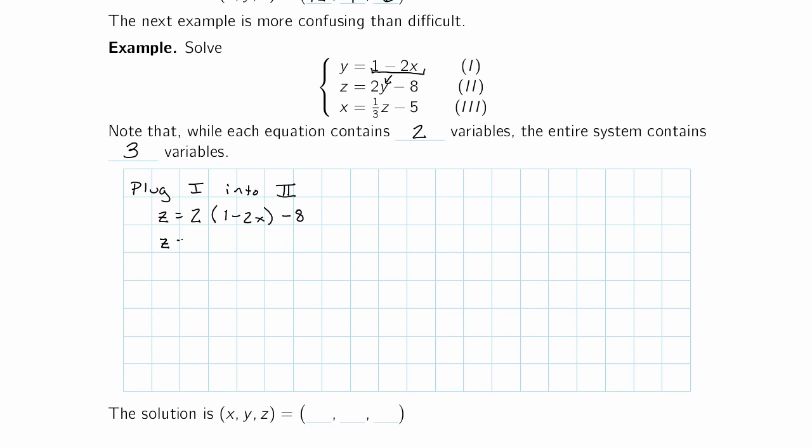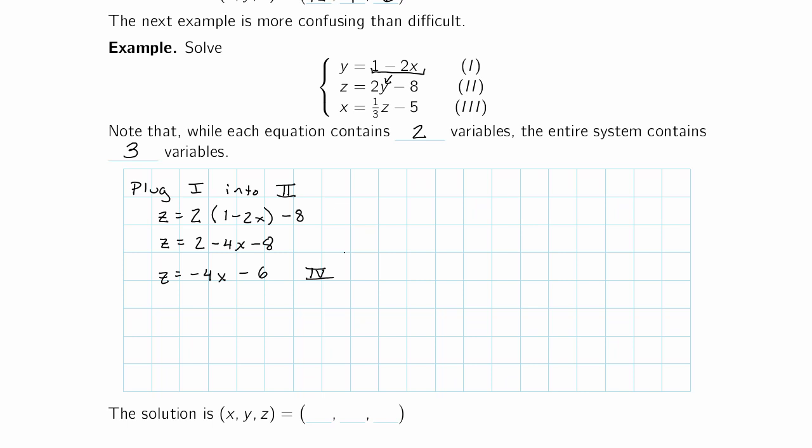So simplifying that, z is 2 minus 4x minus 8. Combining like terms, z is negative 4x minus 6. Well, that's a new equation. I'll call that equation 4, but it's not immediately obvious that that helped me.